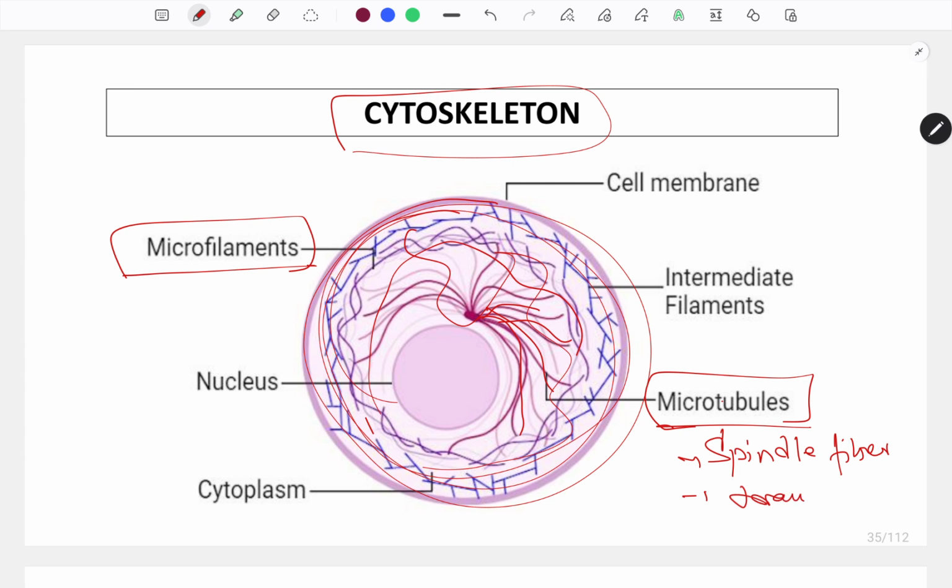Microfilaments maintain the shape. And intermediate filaments are made up of different components, and depending upon the cell where they are present, they do their own work.